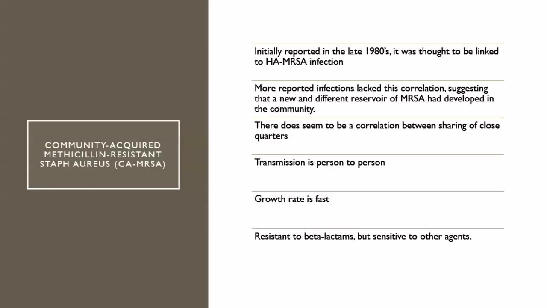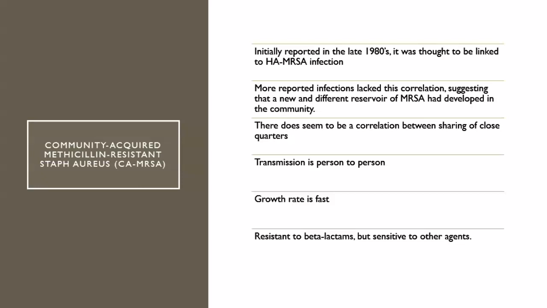Okay, so we've talked about hospital-acquired. Let's talk about community-acquired MRSA. Initially this was reported in the late 1980s. It was thought to be linked to hospital-acquired MRSA, and you'll notice in the previous slides that hospital-acquired MRSA was first reported in the 1970s. So it took about 10 years for it to spread out into the population.